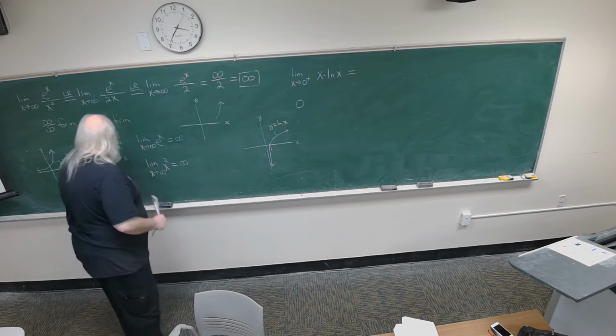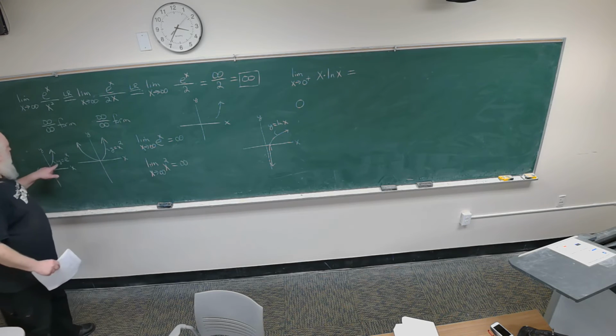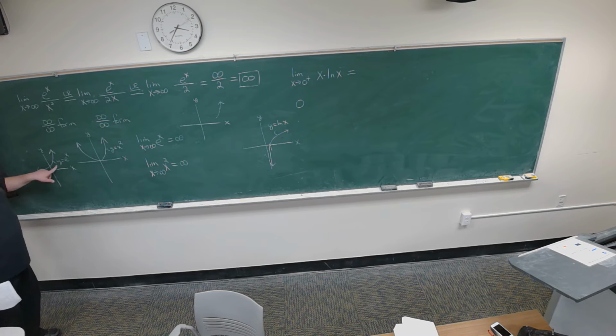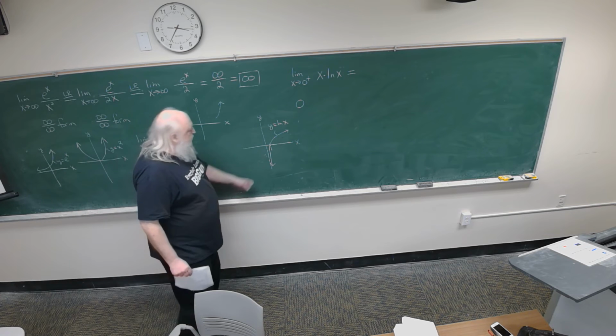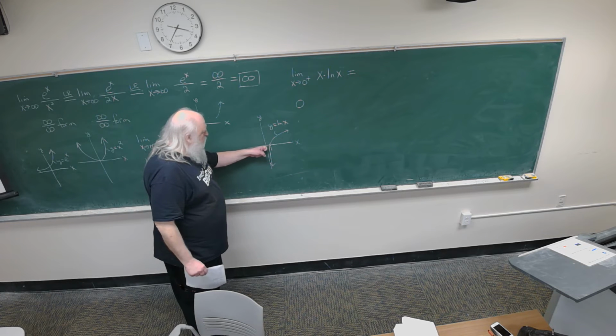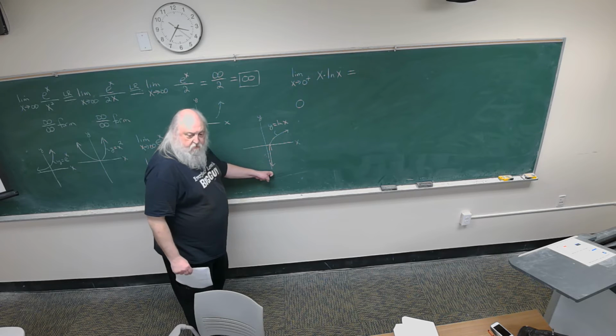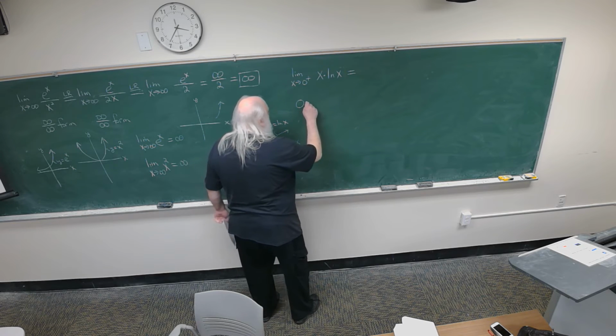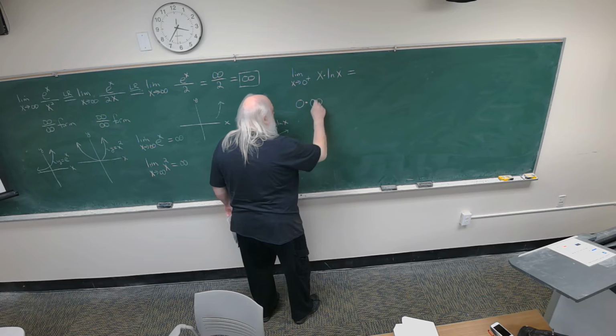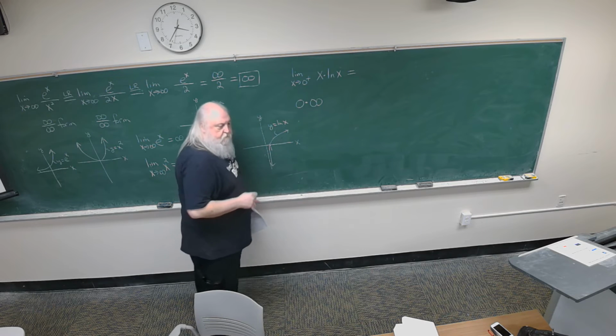And remember, the natural log function is the inverse of the natural exponential function. So as x approaches 0 from the right, the value of the natural log function is decreasing without bound, going to minus infinity. So this is what we call 0 times infinity form.